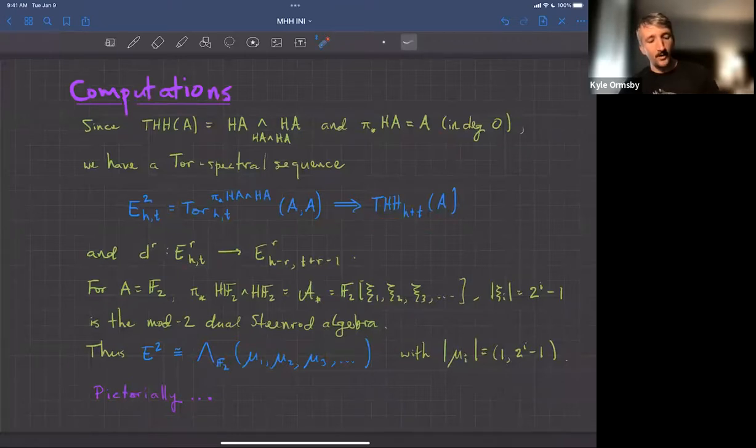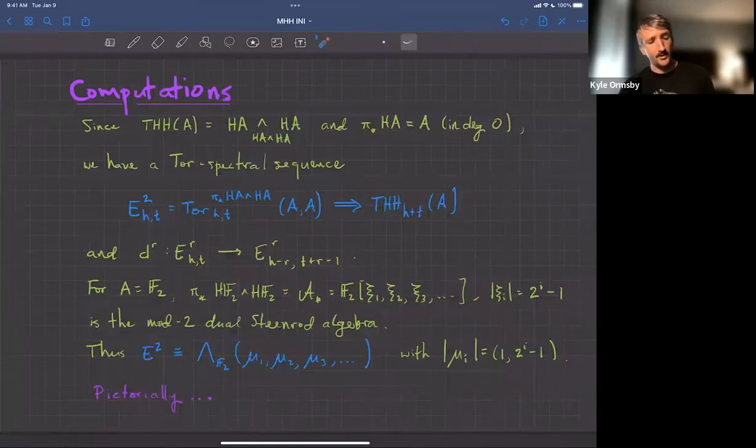And here I've gone and written out the numerics of the differential. If you've got a ring A where you know these coefficients, you at least have a fighting chance of computing the spectral sequence. I'm going to focus on A, the field with 2 elements. And in that case, we know this object well. It's the dual Steenrod algebra, which is a polynomial algebra on the Milnor elements Xi.